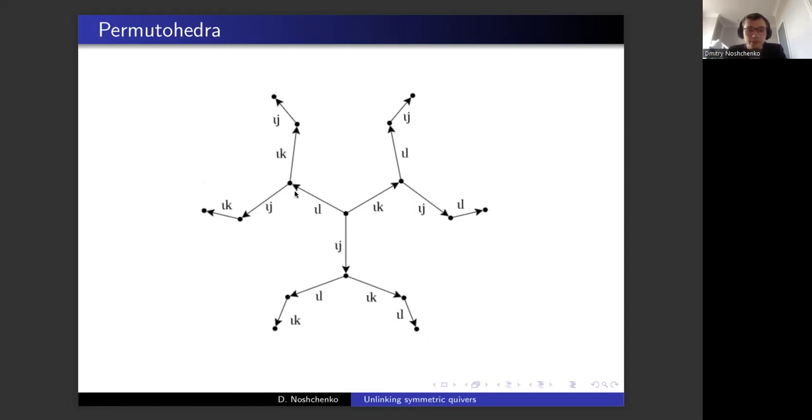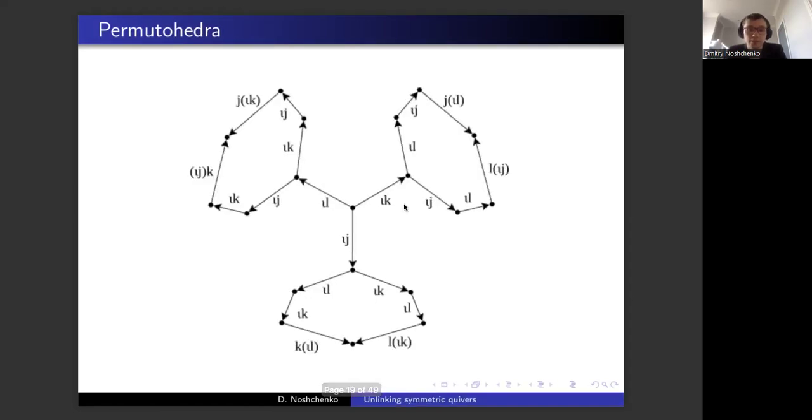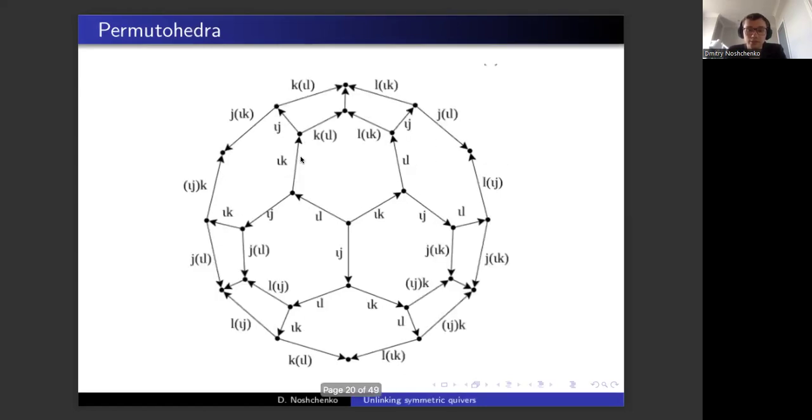So we can first, for example, apply a hexagon relation to each of these quivers, so each of these branches, and then this closes up like this. And now we can also continue closing up these quivers here, and eventually this is closed like this.